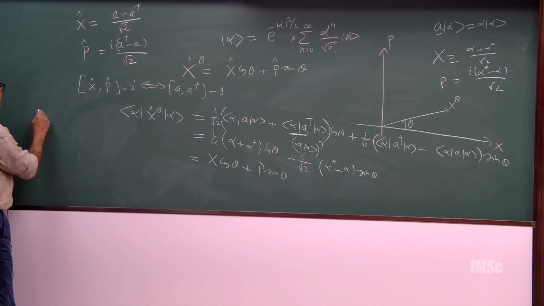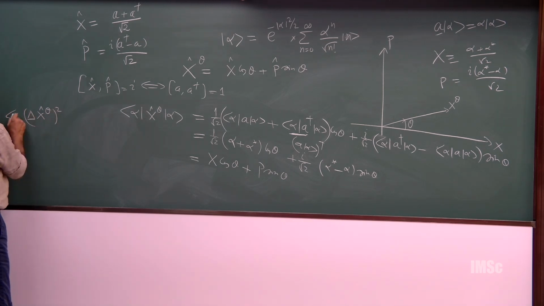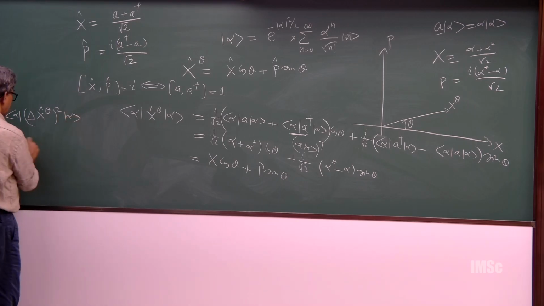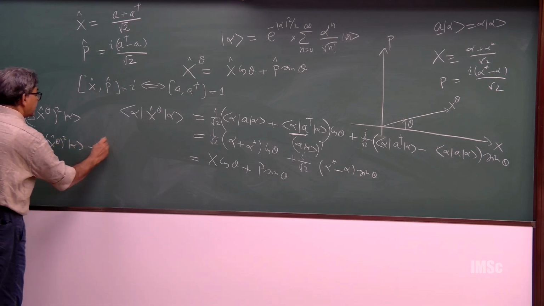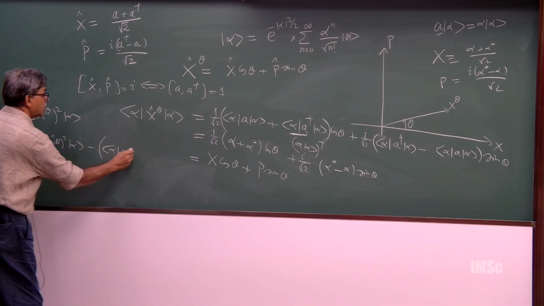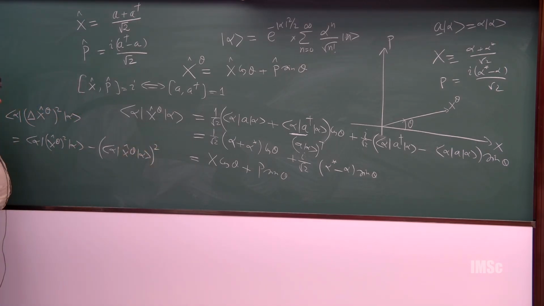And what more you can show, and this is what you can calculate, is that if I look at the dispersion, namely delta of theta square with respect to alpha, this is nothing but the expectation of x theta square minus the square of the expectation of x theta.